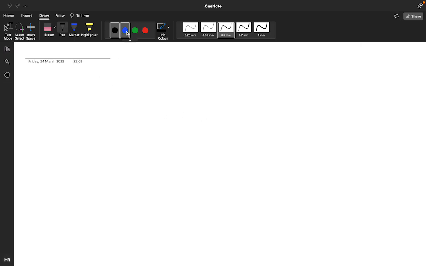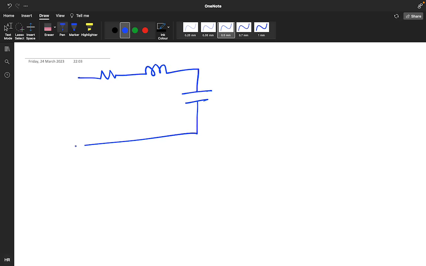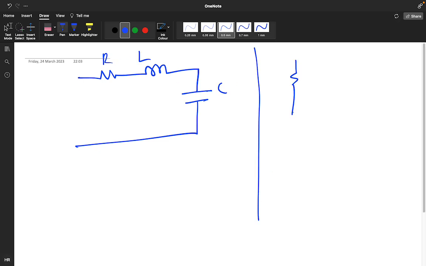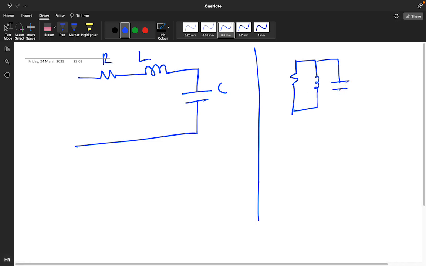We were having R network, L network, and C network in series, and here we are having R network, L network, and C network in parallel. We got the equation here: L di/dt plus IR plus 1 by C integration of I dt.